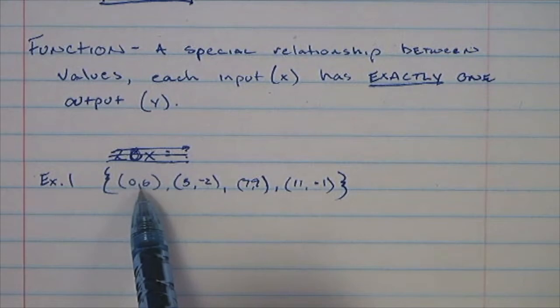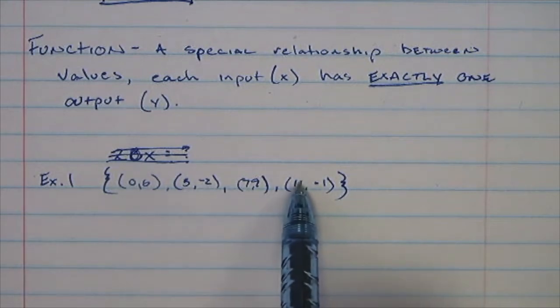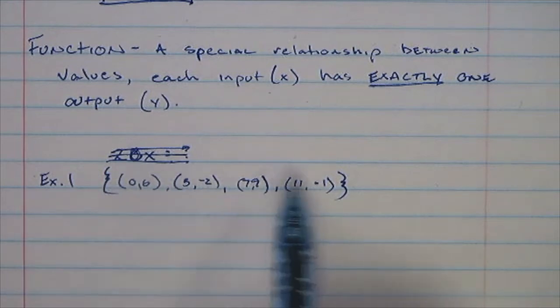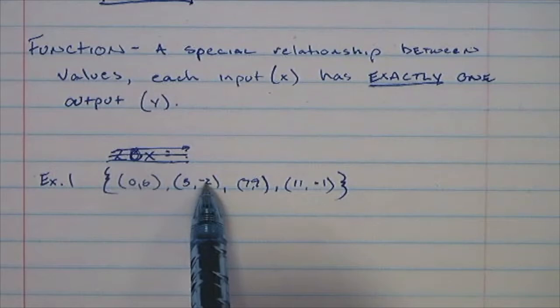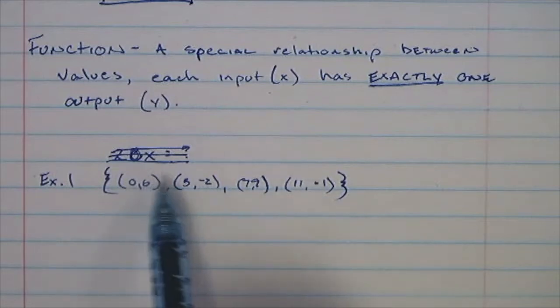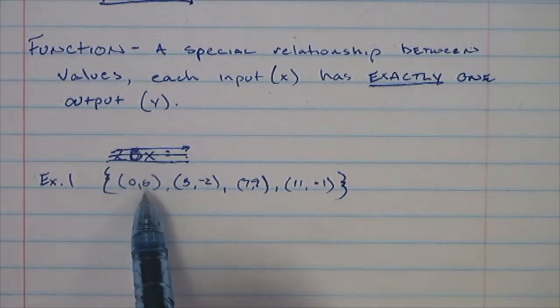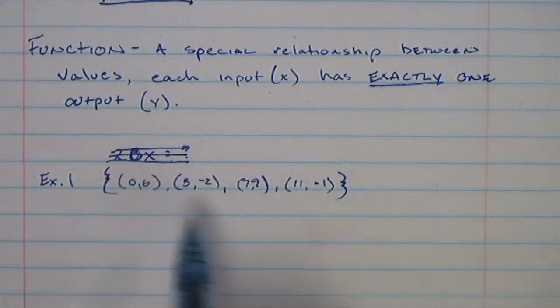And so as I look at this one, I don't see any of the x values being repeated, and therefore in this discrete set, because it's these 4 and only these 4 points that we're concerned about, we make no assumptions about additional points in between or outside of the range we're given.